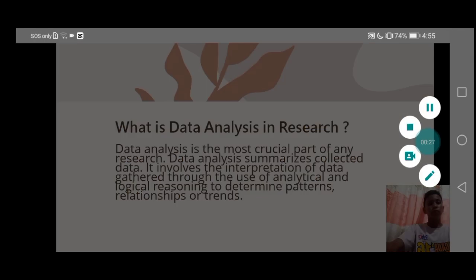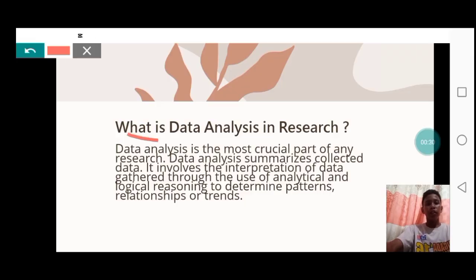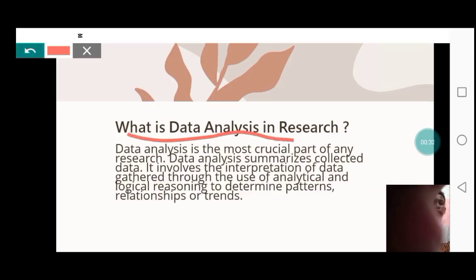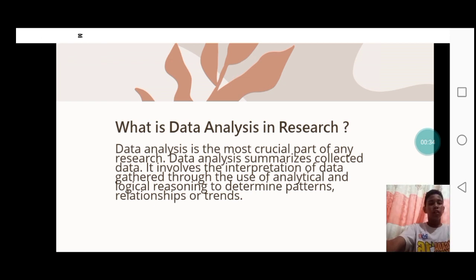Data analysis kung sa Bisaya usa na siya ka proseso sa pagsusi o sa pag-interpret sa mga impormasyon aron makakuha ta og kahulugan sa research nato og konklusyon sa resulta. So mao na ang data analysis.